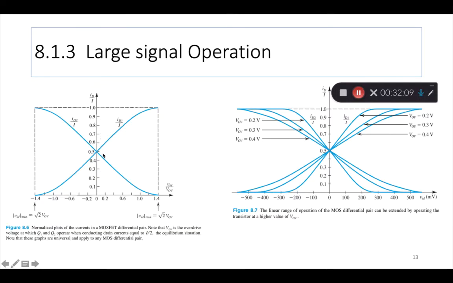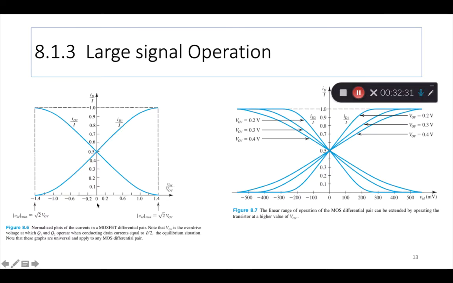That means the two signals are equal, so it's common mode operation, and in common mode operation there is no VID, but the currents are exactly half of the bias current I, the currents in each of the devices.